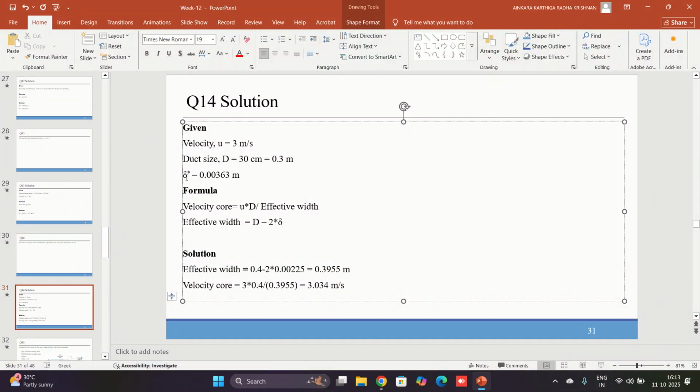This is displacement thickness. Again I have a doubt here. Just give me a minute.